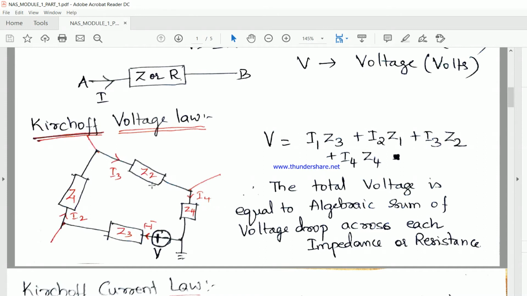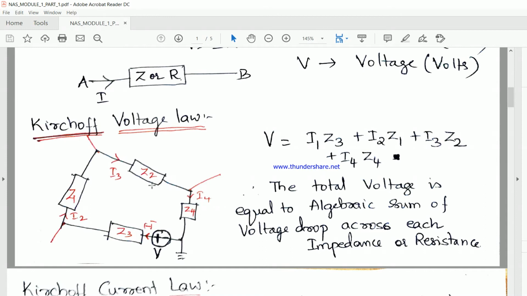So when voltage divides in a series network, if you sum up all those divided voltages, that gives you the total voltage applied to that particular circuit, right? So in a series network, I am saying again, voltage gets divided.